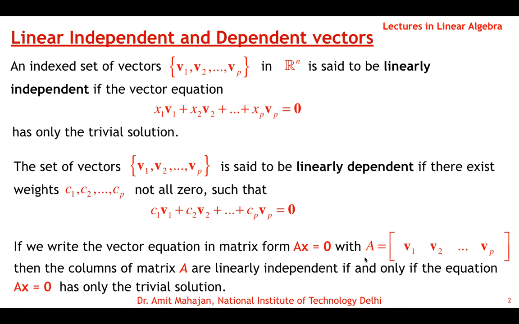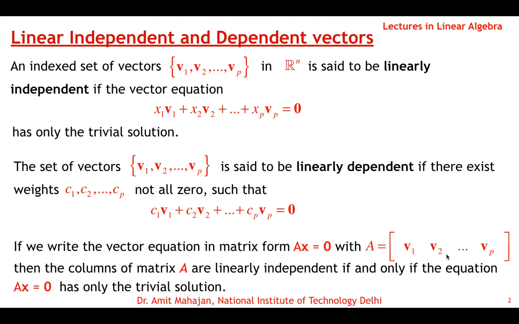If you reduce the augmented matrix [A 0] to an equivalent form, then all the columns of A should be pivot columns. If they are all pivot columns, it will have only the trivial solution, and the vectors will be linearly independent.